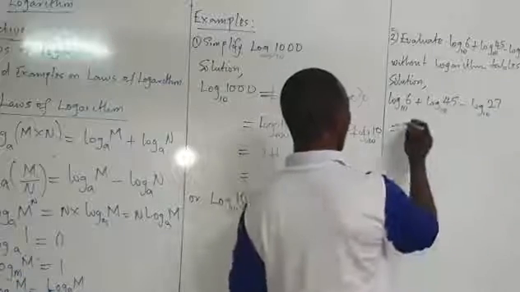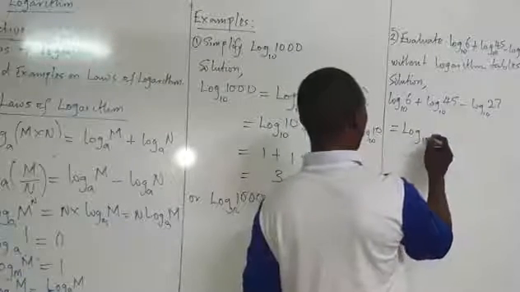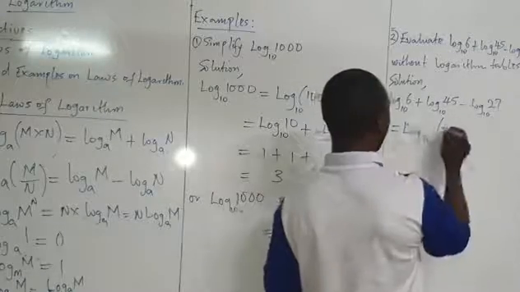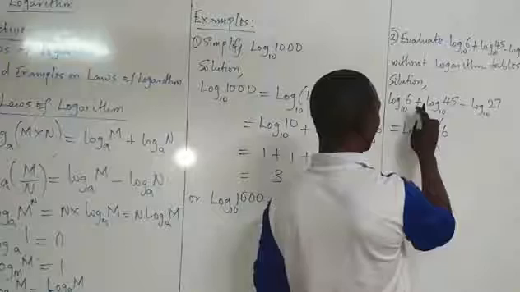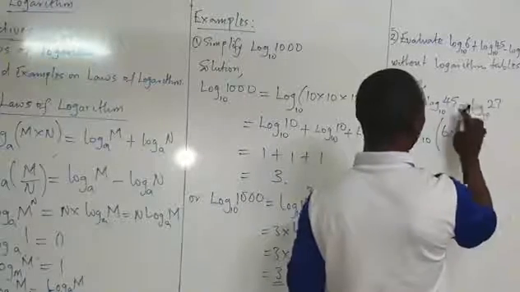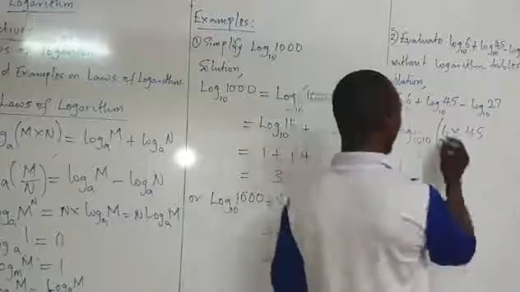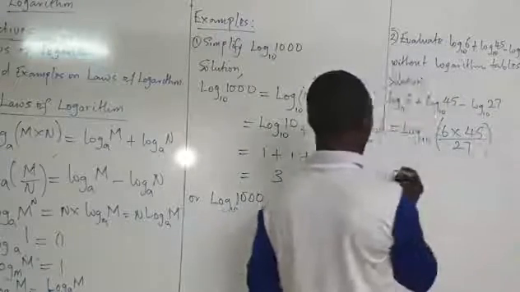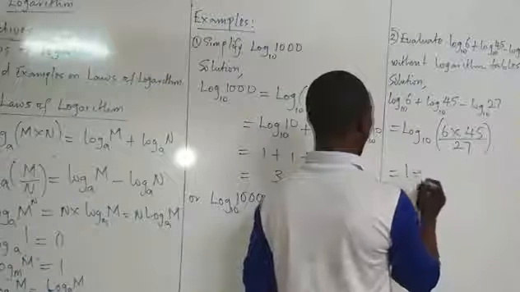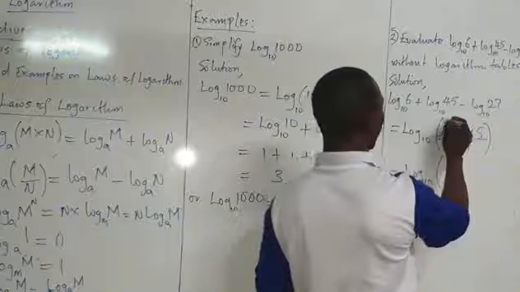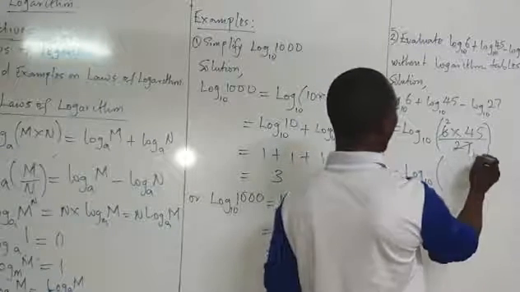So you have to pick log base 10 into bracket. So into bracket what? 6. Addition will change to what? Multiplication, multiplied by 45. Then minus will change to what? Division, divided by 27.